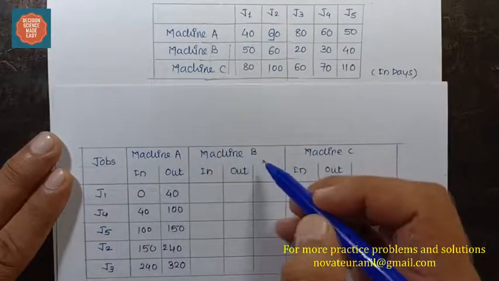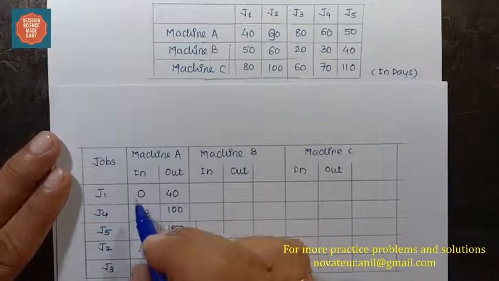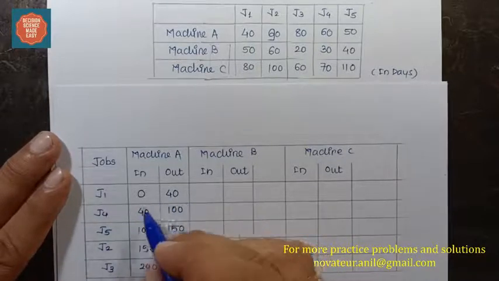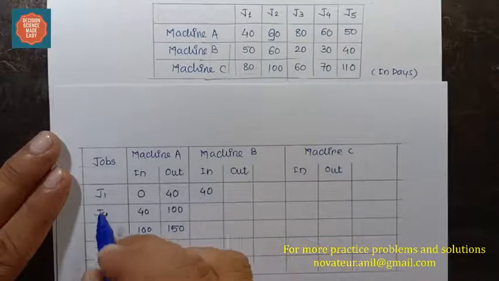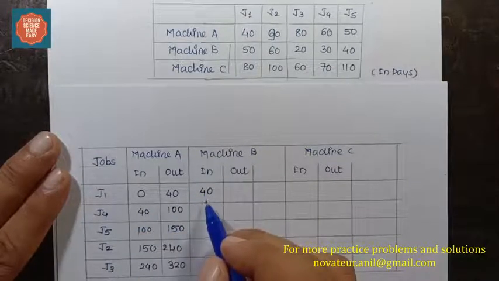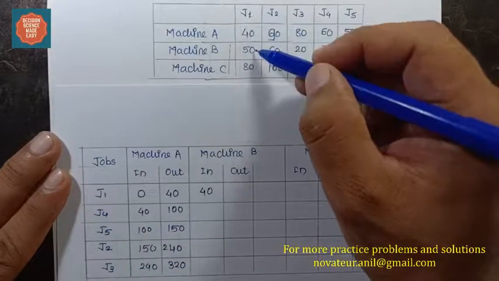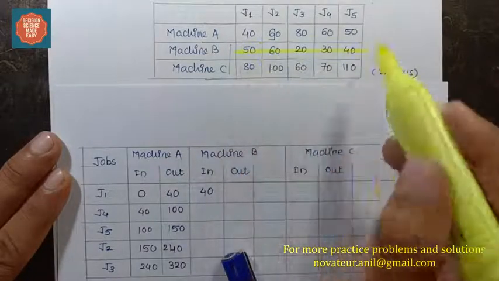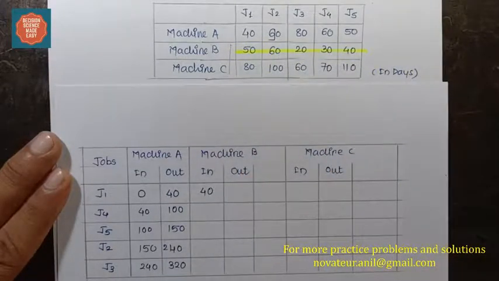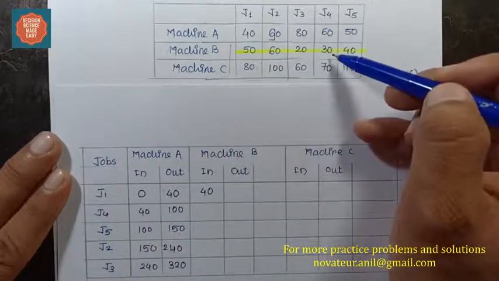Similarly for machine B, the in time will be the time the first job finished, that is J1. The machine will wait until machine A finishes. So J1 is 40. The machine B job 1 time is 50. I'm going to refer to the second row. So J4's value is 30.